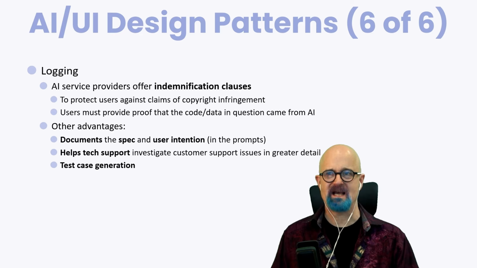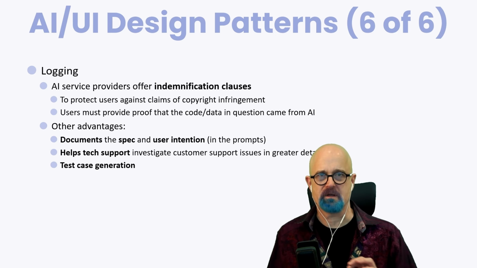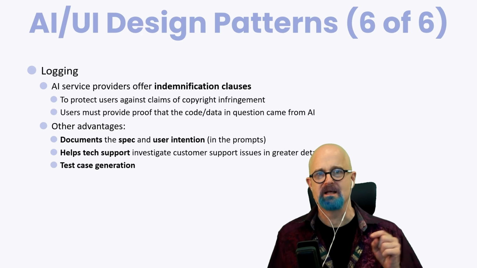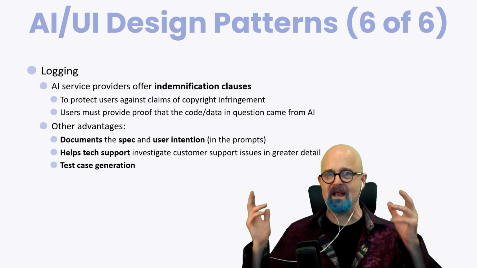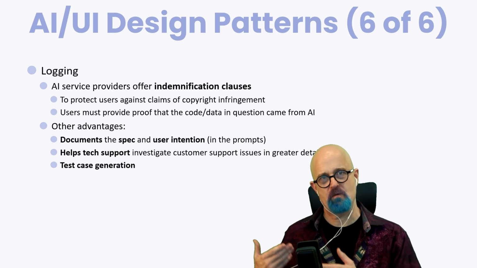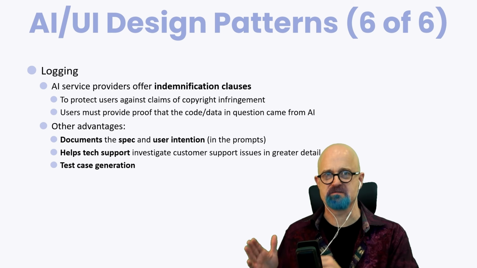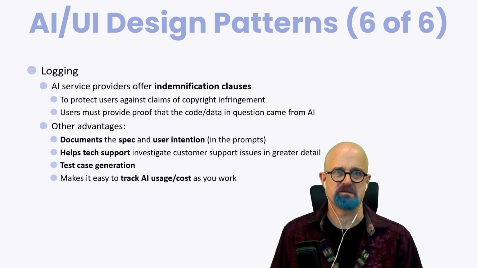And you can even do test case generation. We're actually doing this: if anything goes wrong or if the customer has a support issue, they can send us that .test extension file, and that has all the code we need. It's C# code to recreate what happened in that instance for the customer. It also makes it easy to track AI usage and cost as the user works.